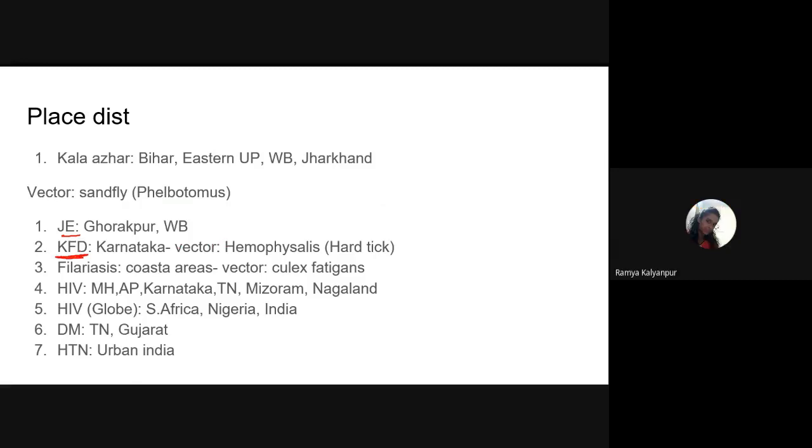Next, what is KFD? Kyasanur Forest Disease. It is seen in the Western Ghats, our Karnataka only, Shimoga, all these places. I think a few months back we also heard about monkey fever. It is also called monkey fever, and it is caused by a hard tick, that is Haemaphysalis.